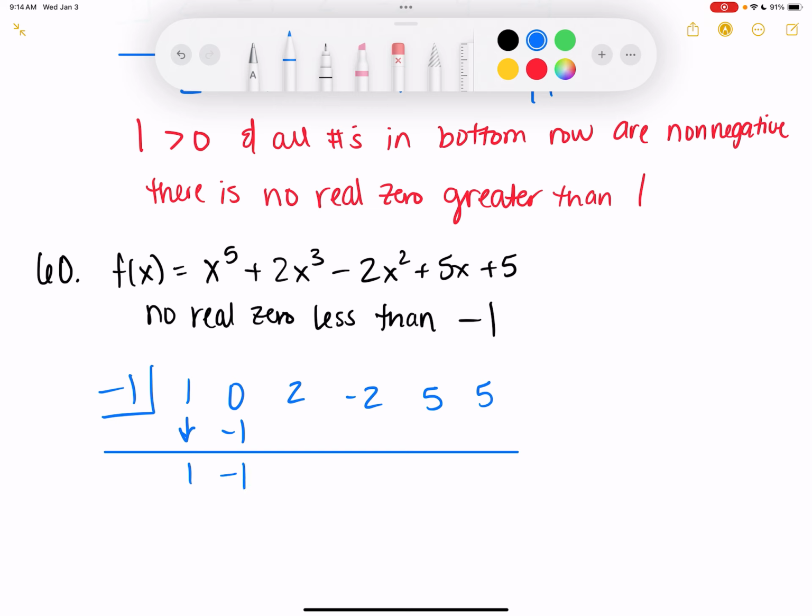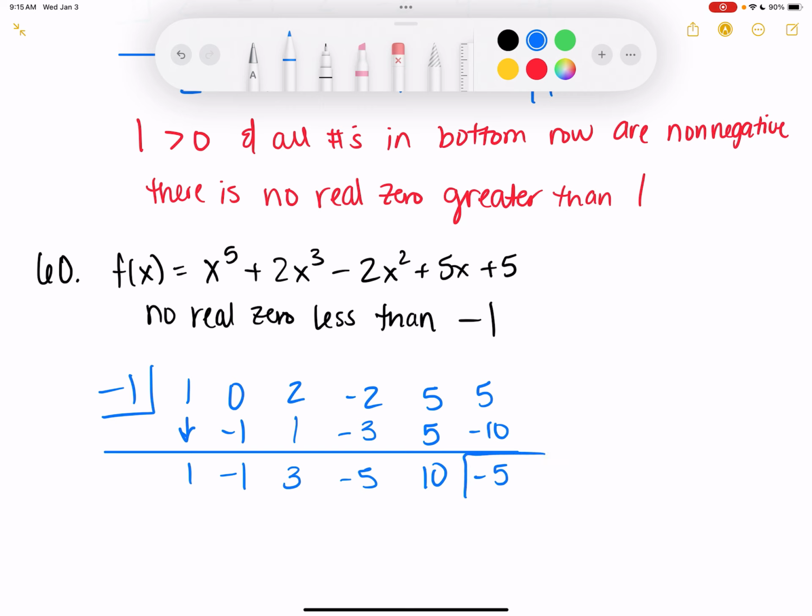Plus 0 is negative 1. Times negative 1 is positive 1. Plus 2 is 3. Times negative 1 is negative 3. Minus 2 is negative 5. Times negative 1 is 5. Plus 5 is 10. Times negative 1 is negative 10. Plus 5 is negative 5.